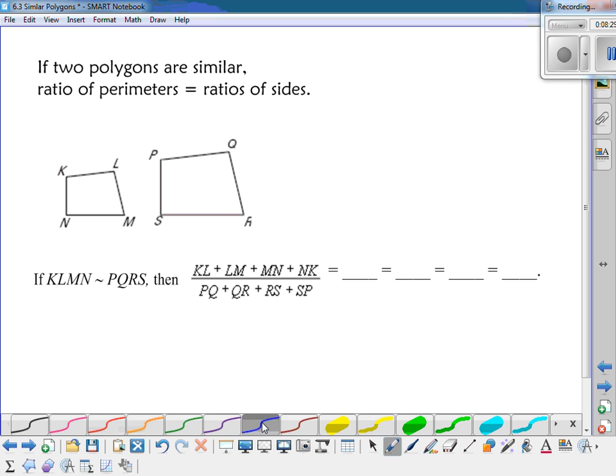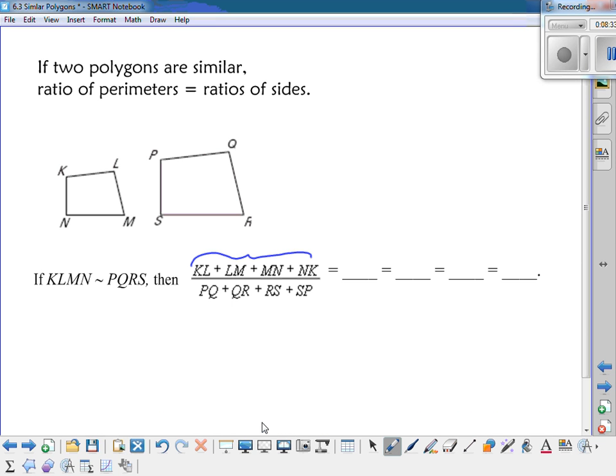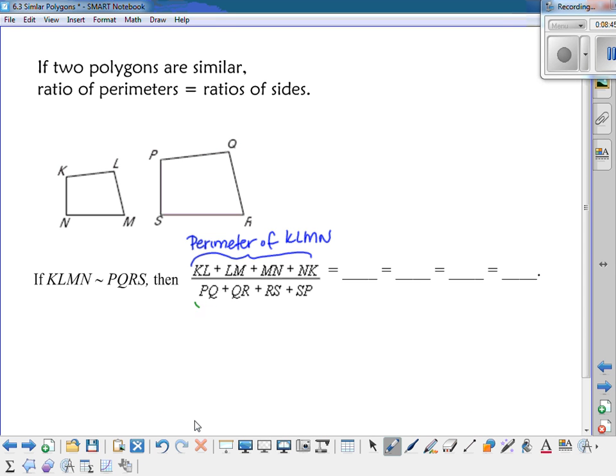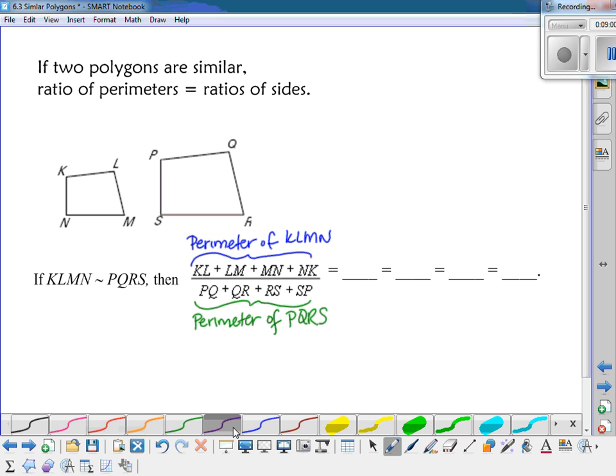The numerator represents the perimeter of KLMN, whereas the denominator is the perimeter of PQRS.